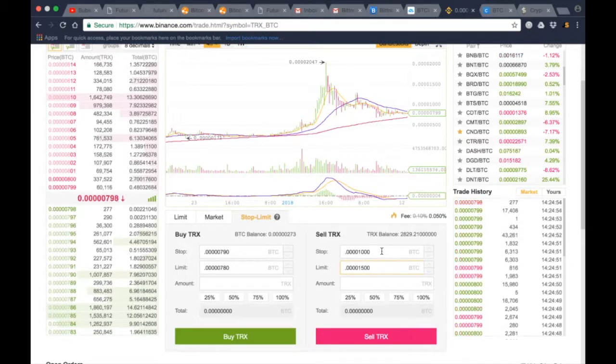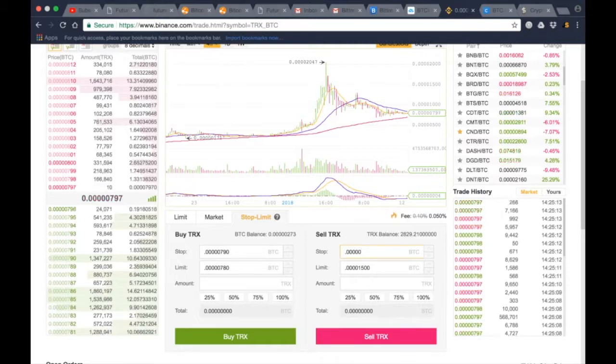You can also set it as a stop loss. So what that means is that, let's say you bought it at 790, right? And you're expecting the price to jump up, but if it doesn't jump up and goes down, you can always take precaution and actually set it up. So let's say you bought it at this price, so you want to set it up at 700.